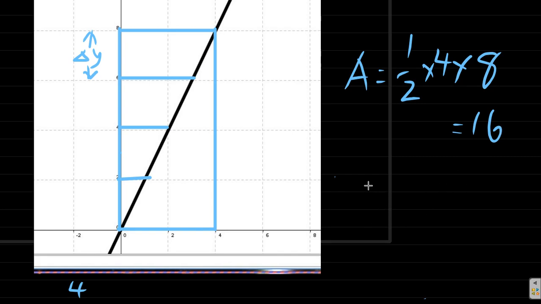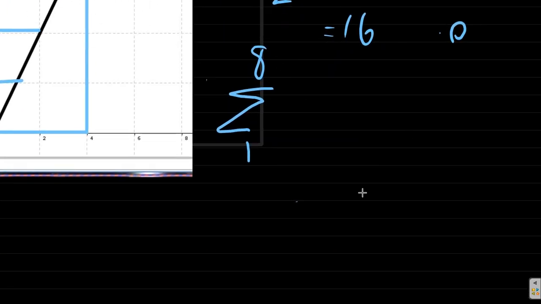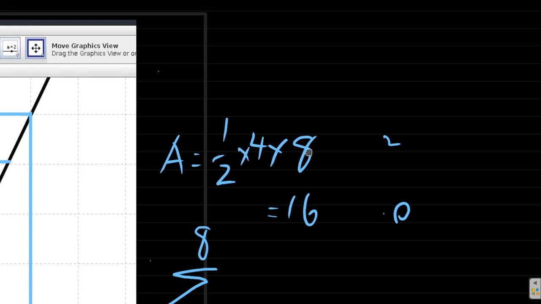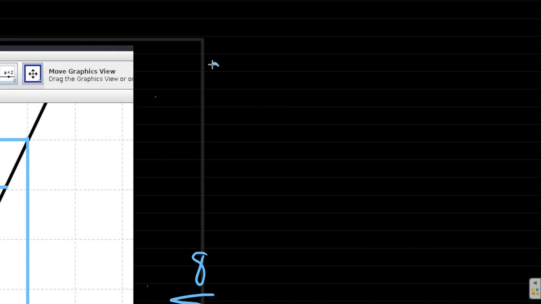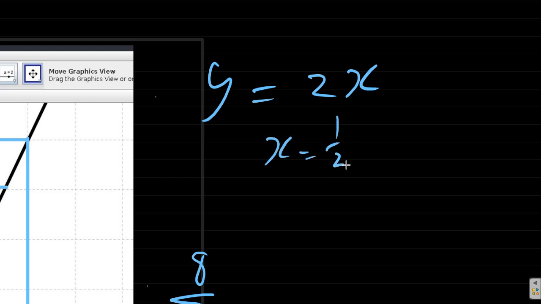Now in this case, we're finding the sum from x equal 1 to 8 of what? Now it was the original equation. Oh no, let me redo that. The original equation was what? It was y equals 2x. But now we transpose and say x is equal to half y.